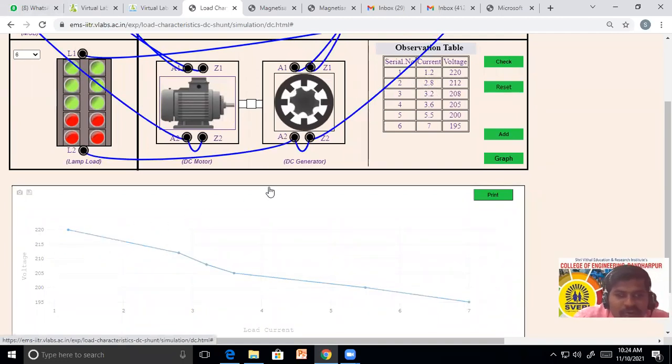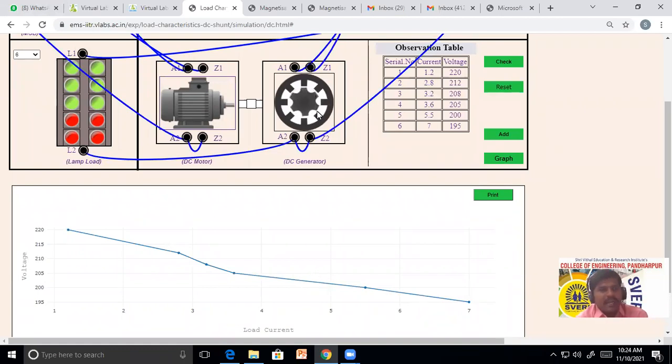Now if we increase the load, load increase झाल्यानंतर what is the effect? The load current will increase, load current increase होतोय, and the induced EMF or EMF at the terminal, or it may be Eg, will decrease slightly. तो काय होतोय, decrease होतोय बघा.